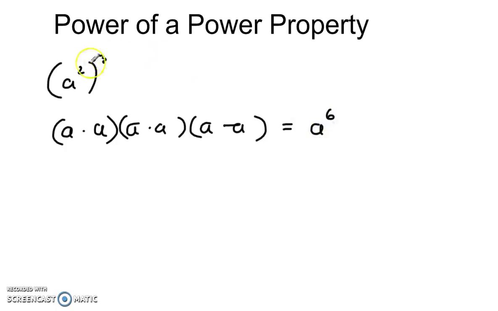How can I derive 6 from the 2 and the 3? Well, 2 times 3 is 6. So if it's a power to a power, we multiply those exponents. The reason why is because I have this as a factor 3 times, and this 2 means I have that as a factor 2 times. So 2 times 3.